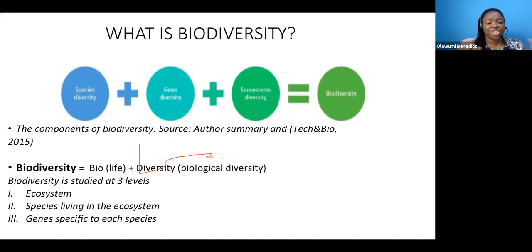Then we come to the species living in the ecosystem. We have different species living in this ecosystem. We start studying the different species. And then even in the species, we have the gene specific. So that's why we have varieties for those of us doing horticulture. We say this variety of tomato, this variety of papaya, this variety of avocado.